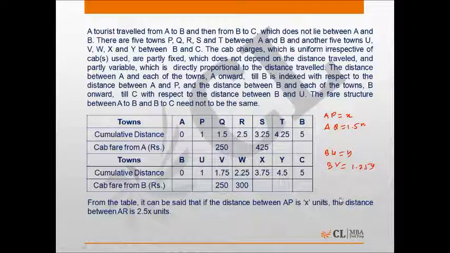After having a look at the table, it can be figured out that the fare for traveling between A and Q is 250, and that between A and S is 425.